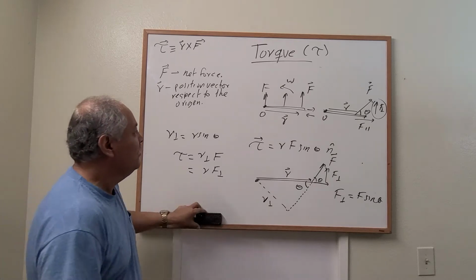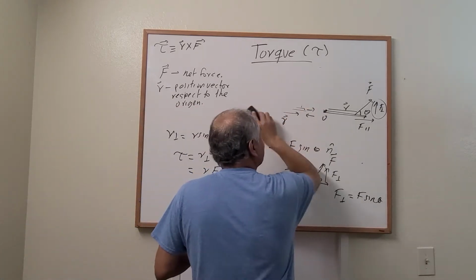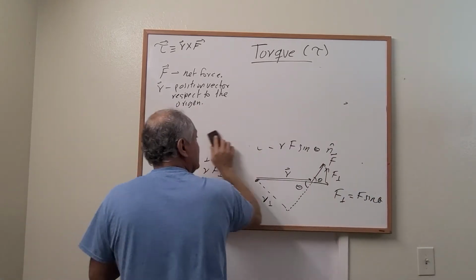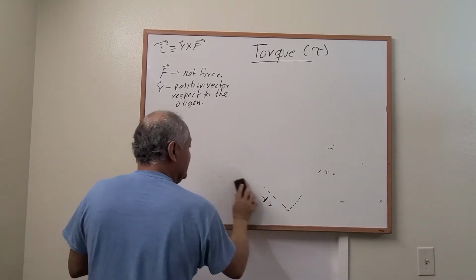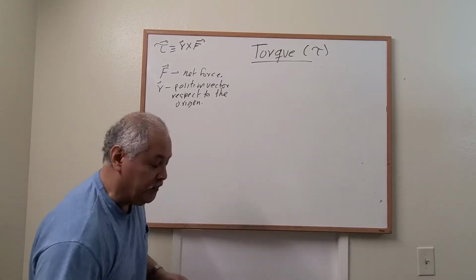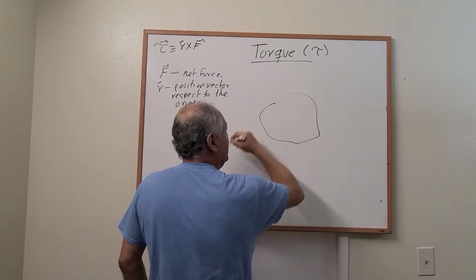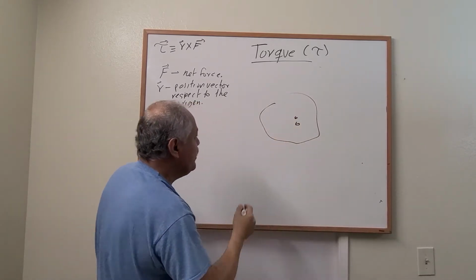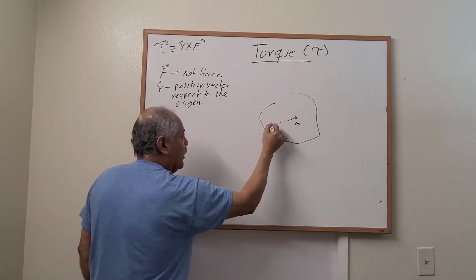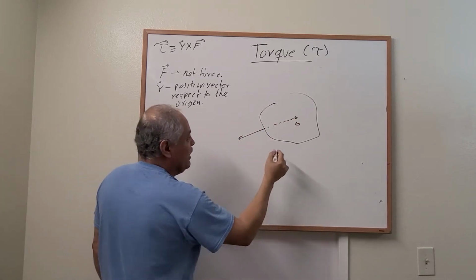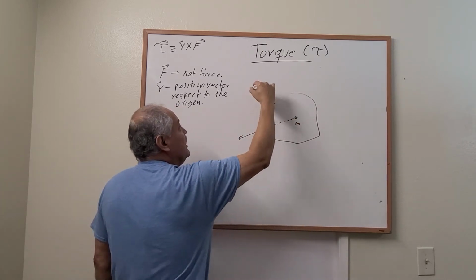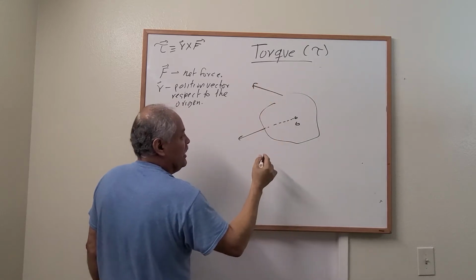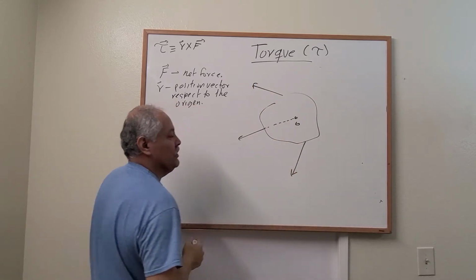For example, imagine that we have this object, a general object, any object right here, in this axis of rotation. And we apply a force in this direction, and we apply a force in that direction, and a force in this direction.